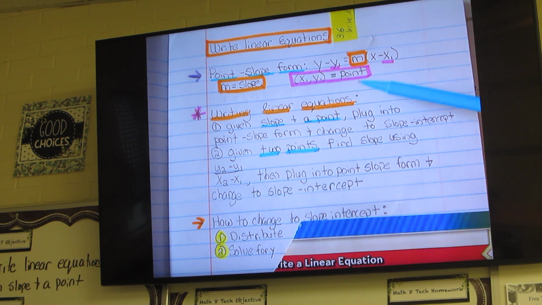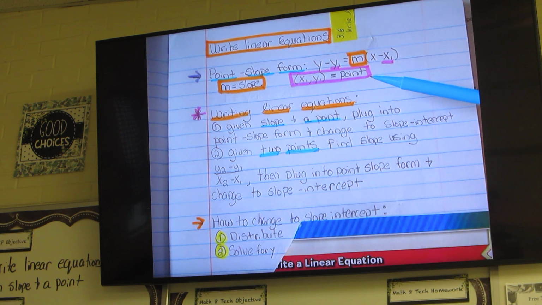I've written what point slope form is, which is the third and final form of how linear equations can be written. We have slope intercept form, which is kind of the master form, what we want everything to be in. We have standard form, and we have point slope form, which is kind of a stepping stone to slope intercept form.